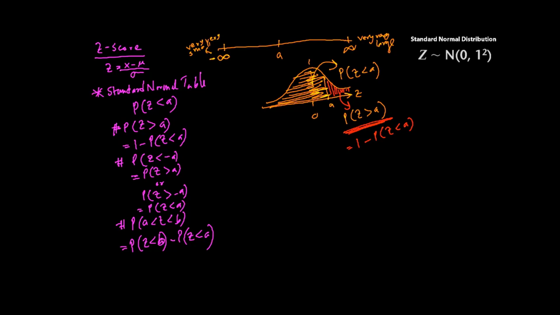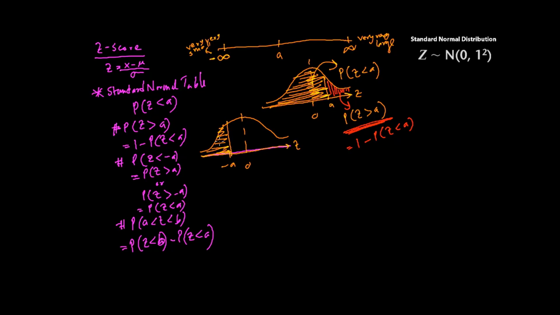Similarly, if you're talking about a negative value, when you have this and this is 0, and you say it is less than minus a, so behind 0 is minus a. So if it is less than minus a, it is this region.